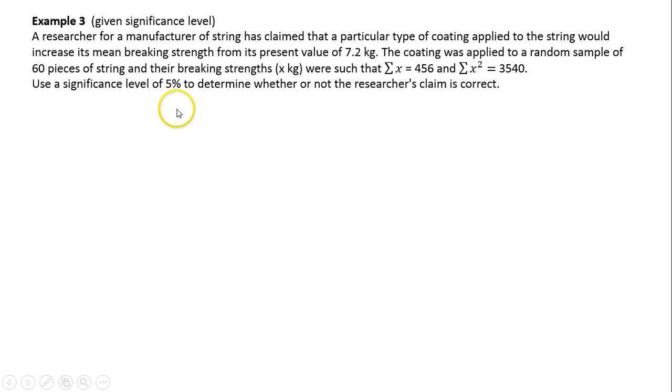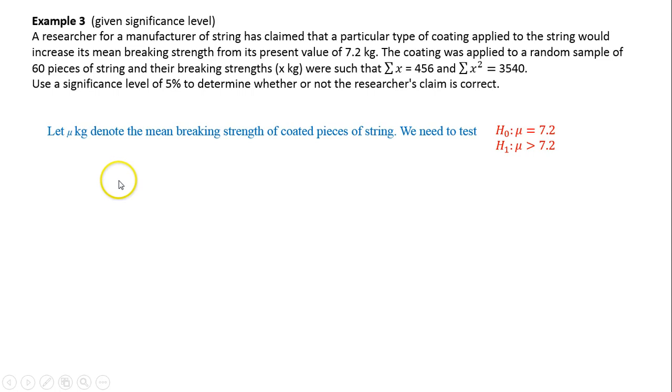Using the significance level of 5%, so that's a cutoff, determine whether or not the researcher's claim is correct. So let mu denote the mean breaking strength of the coated pieces of string, and we need to test that mu is 7.2 against mu is greater than 7.2.